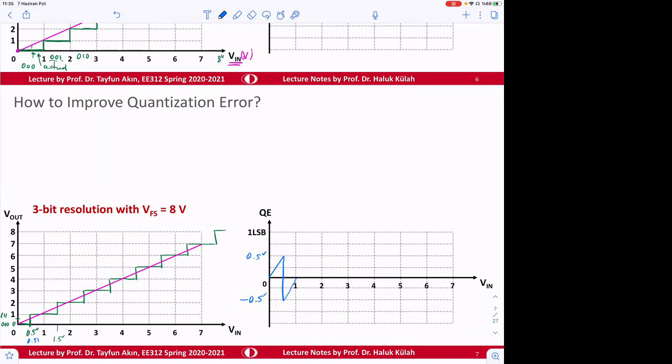If the signal increases, it will be good, coming to here. So no error here, the same, but then it's going to be increasing again. And then it will be decreasing. It will be increasing. It will be decreasing. Now, as you see here, the error is below half LSB.